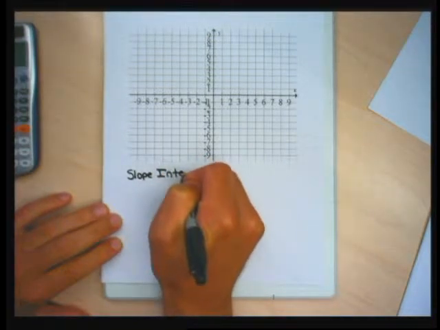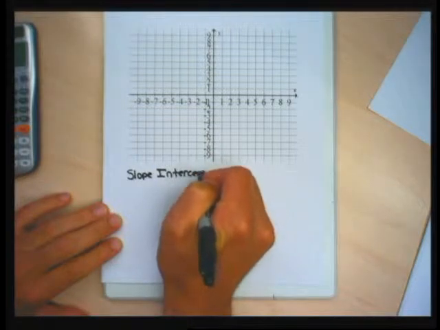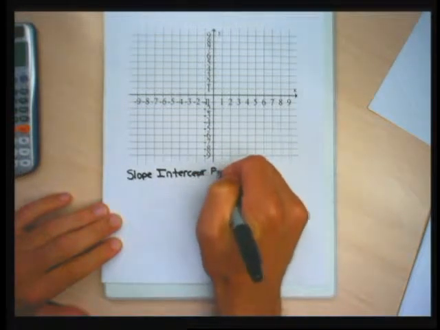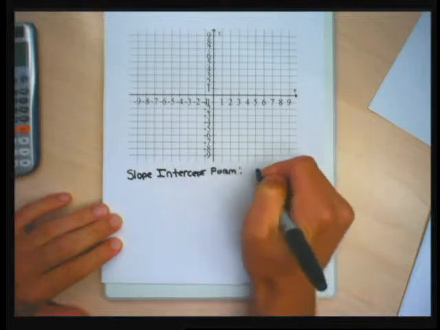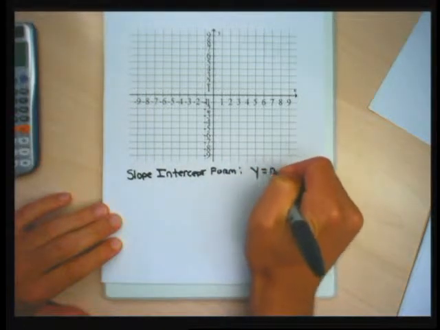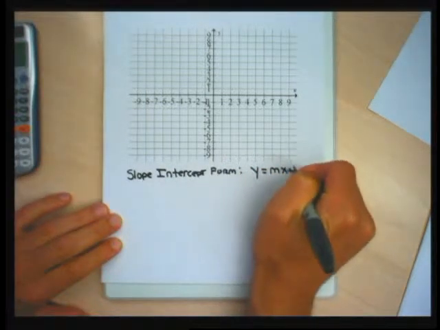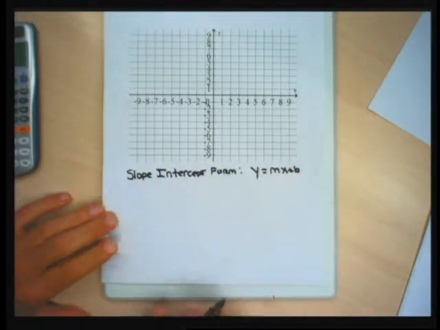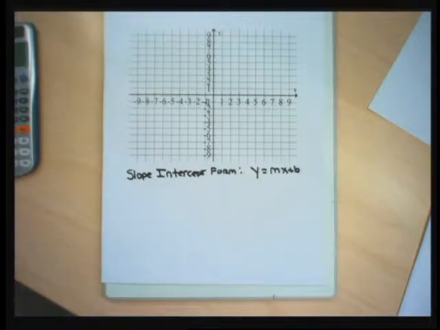So one of the big words in lines is the slope-intercept form of a line, or the y equals mx plus b. Y equals mx plus b is considered the slope-intercept form of a line.